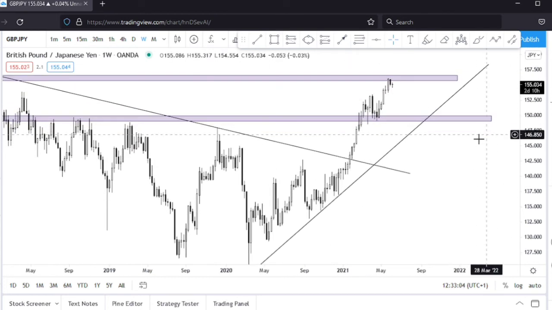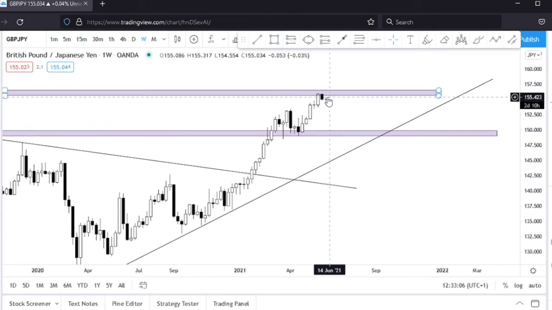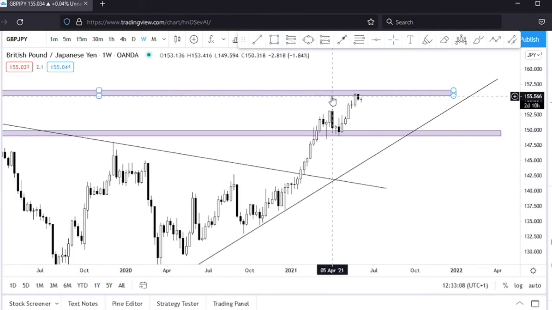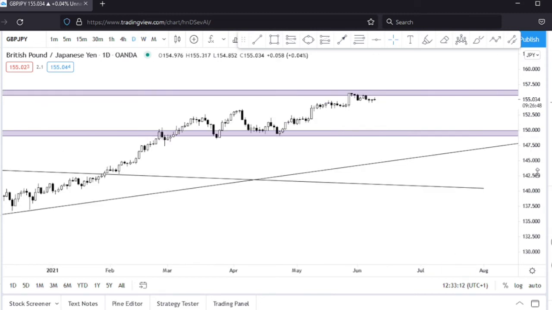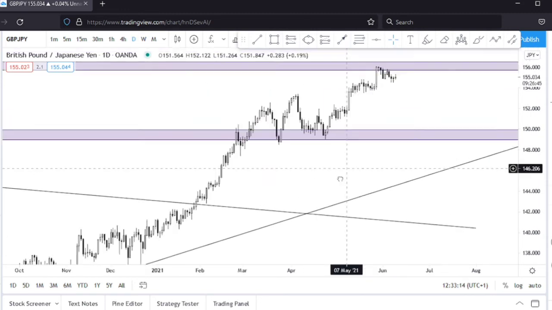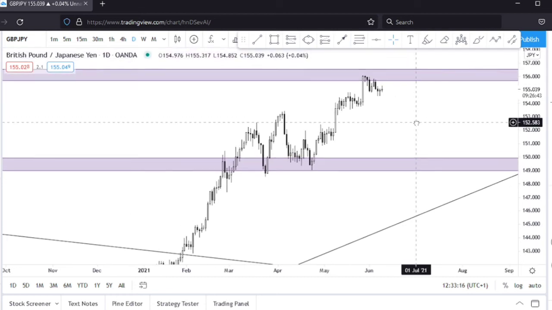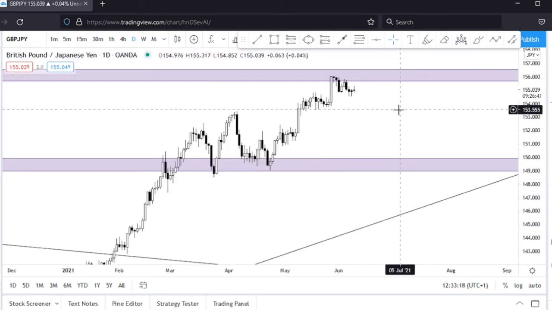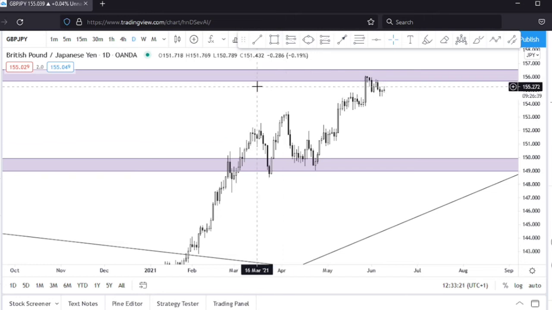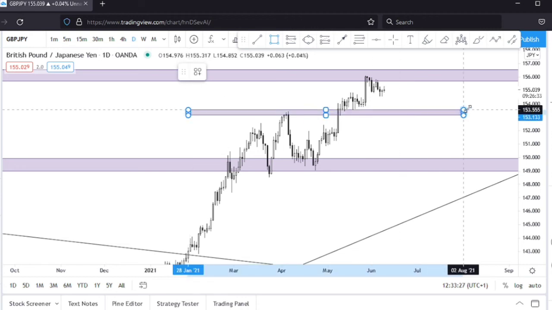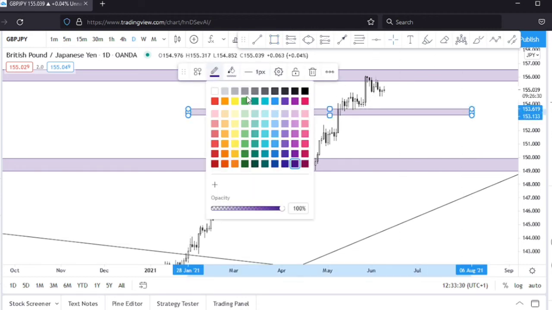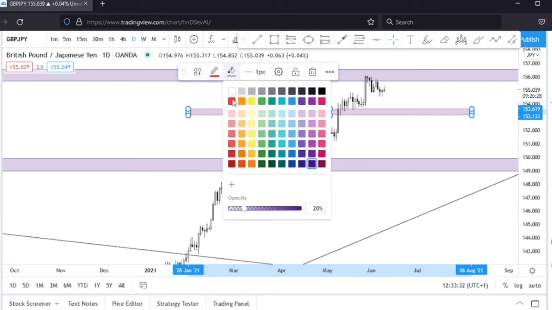And that's where price formed this inside bar, like I said last week. So on the daily time frame, we can see that price just came off the weekly resistance level, and then we can draw some daily support levels over here as well, areas where price got to and showed some reactions.